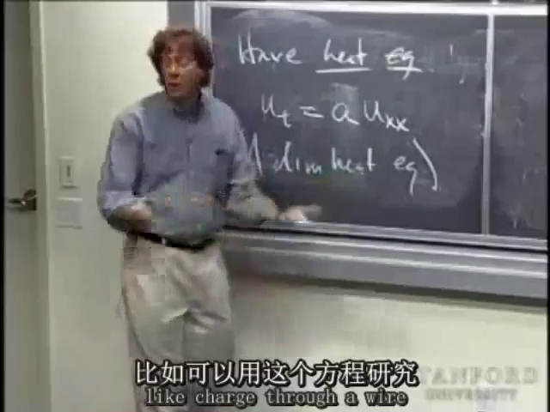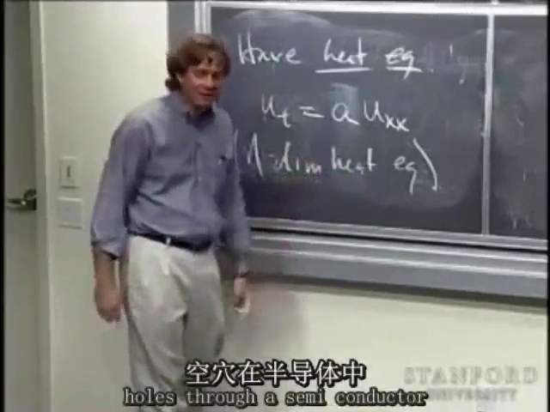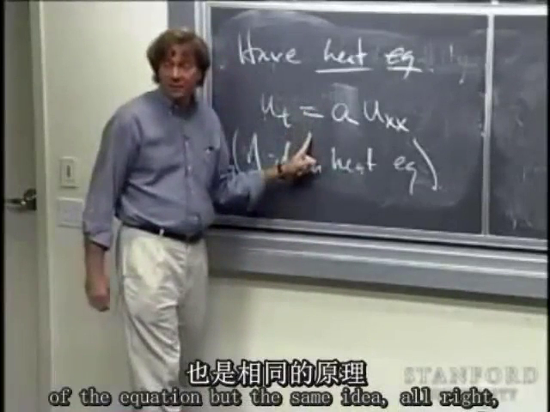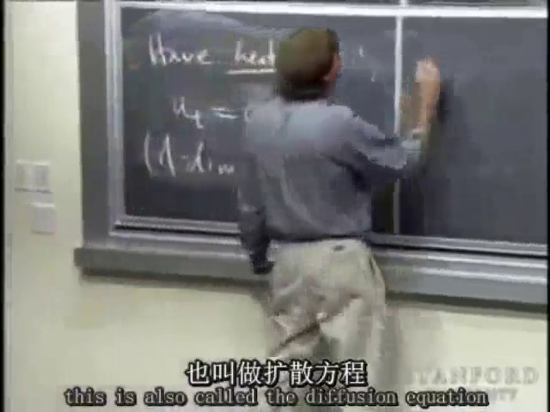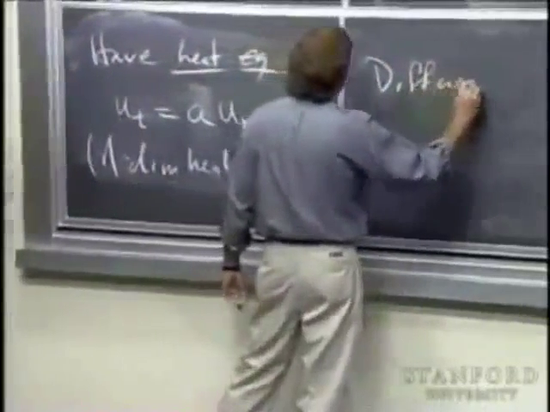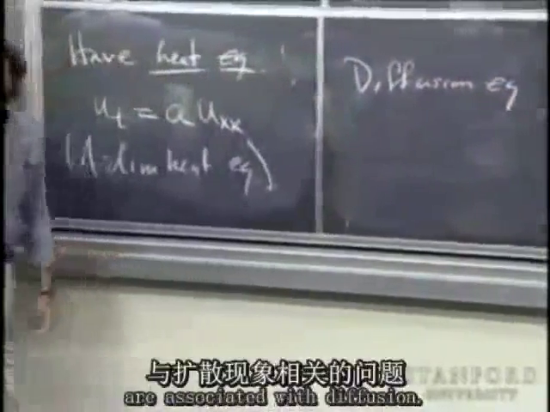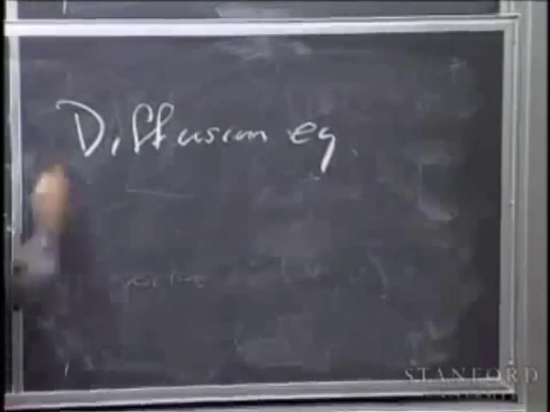What things? Charge through a wire is studied by this equation. Holes through a semiconductor are governed by a higher dimensional version of the equation, but the same idea. It governs phenomena that are associated with diffusion. It's a general term that you've probably run across.